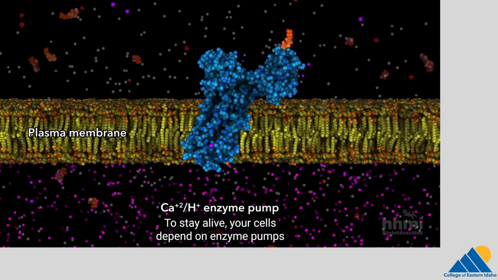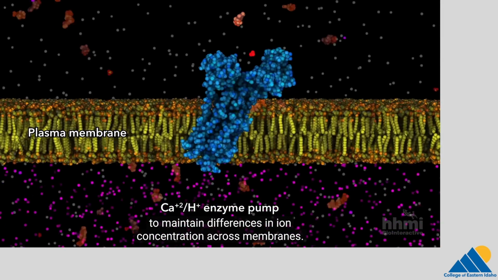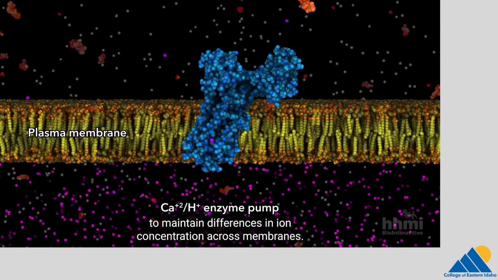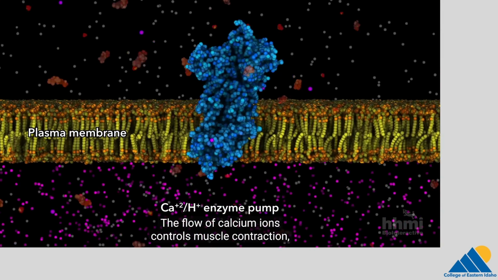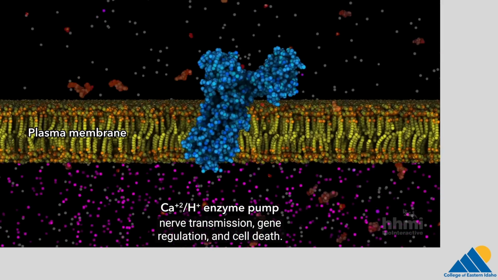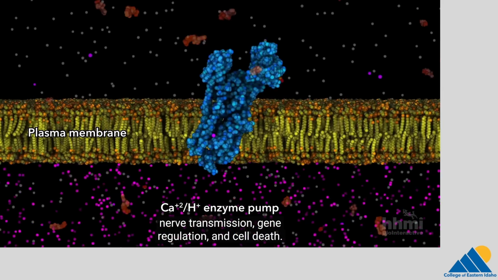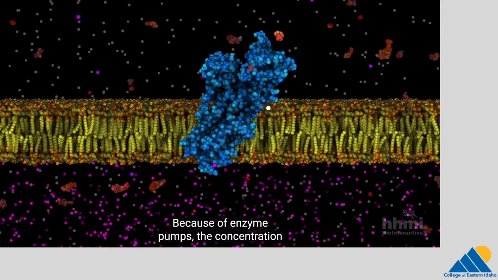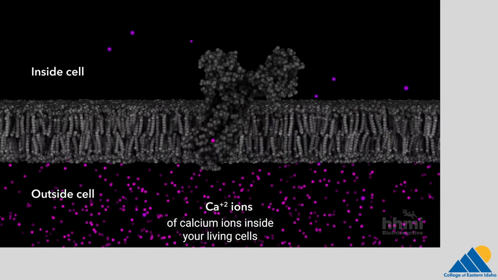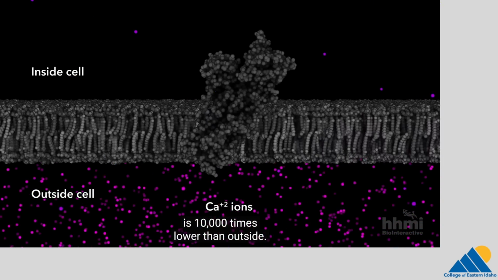To stay alive, your cells depend on enzyme pumps to maintain differences in ion concentration across membranes. The flow of calcium ions controls muscle contraction, nerve transmission, gene regulation, and cell death. Because of enzyme pumps, the concentration of calcium ions inside your living cells is 10,000 times lower than outside.